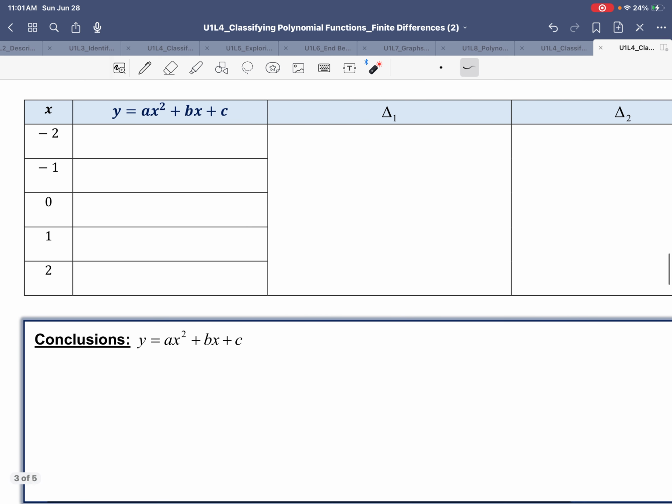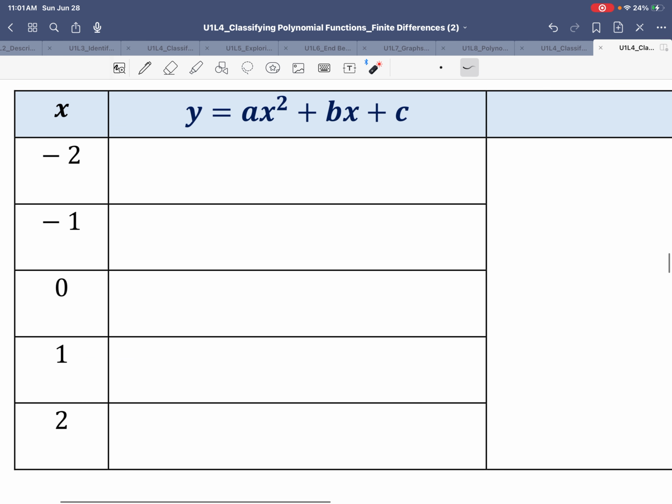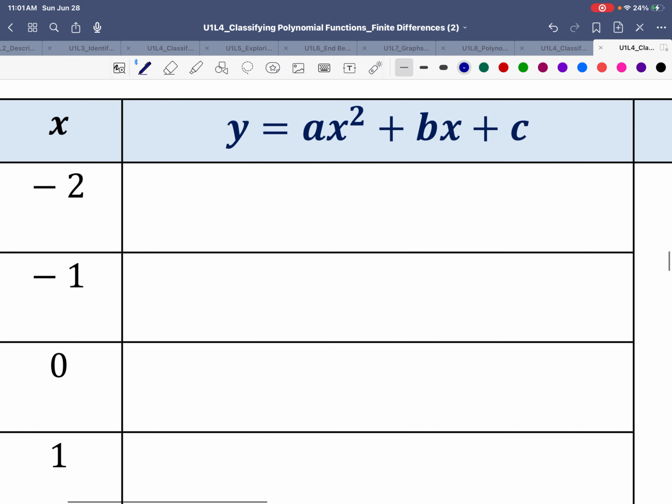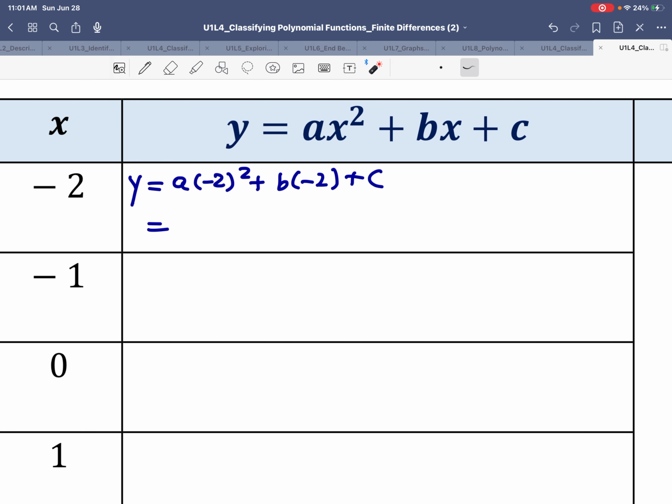Now, when x equals -2, we're going to find that the y value is equal to a times -2 squared plus b times -2 plus c. Simplify: -2 squared will make a positive 4, so that's 4a, b times -2 is -2b, plus c.